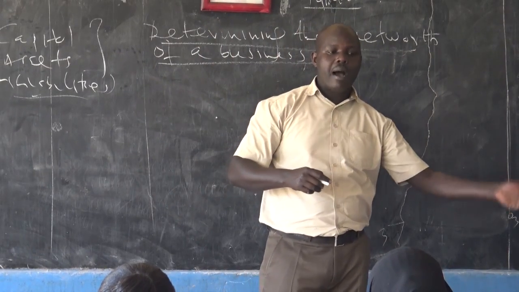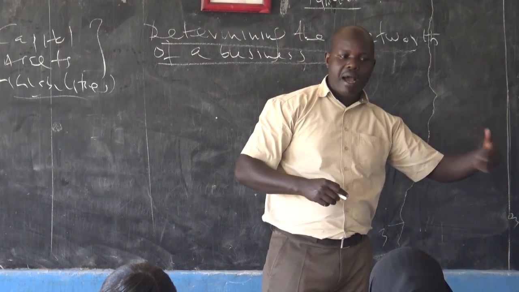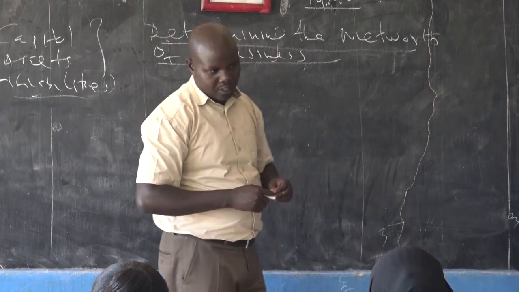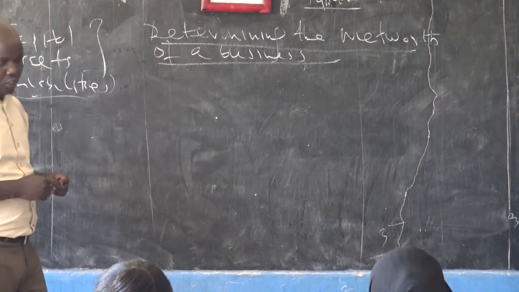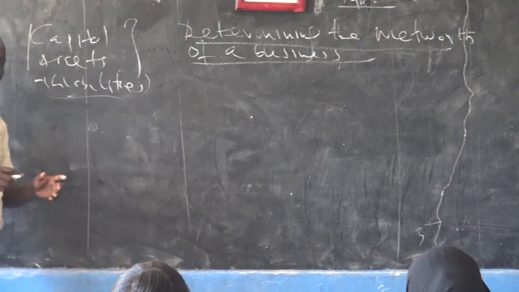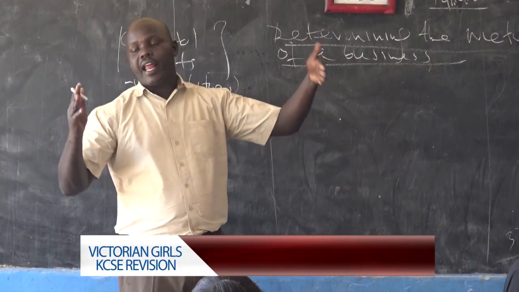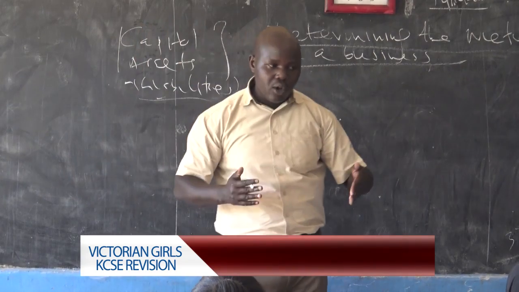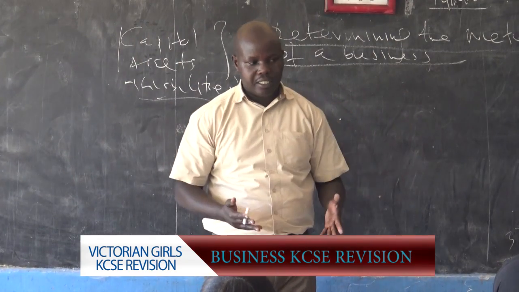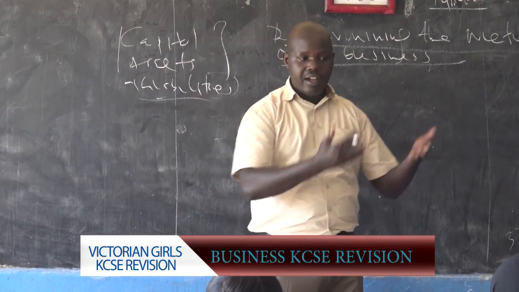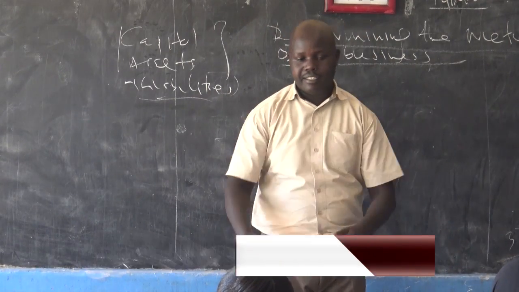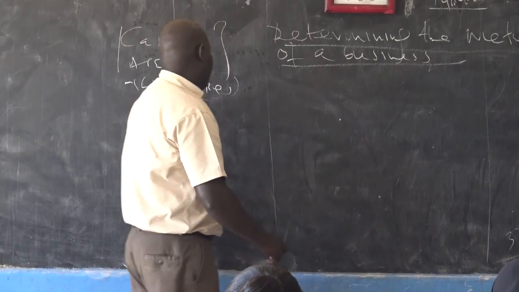Examples: a 2-year bank loan, a 3-year bank loan, etc. Current or short-term liabilities are liabilities which are supposed to be paid for within a year. Examples: bank overdraft, or creditors. Are you together? Yes.